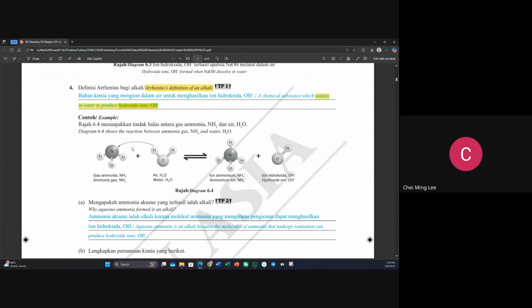For example, the reaction between ammonia gas and water. Aqueous ammonia is an alkali because when ammonia undergoes ionization, it produces hydroxide ion. Ammonia gas NH3 plus water becomes ammonium NH4 positive plus OH negative.